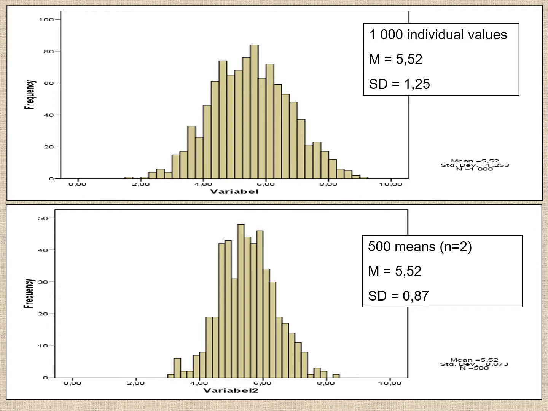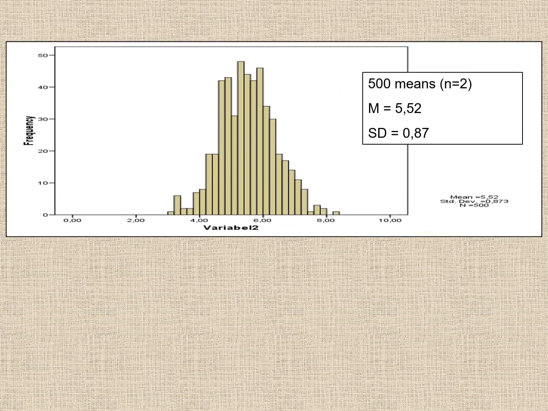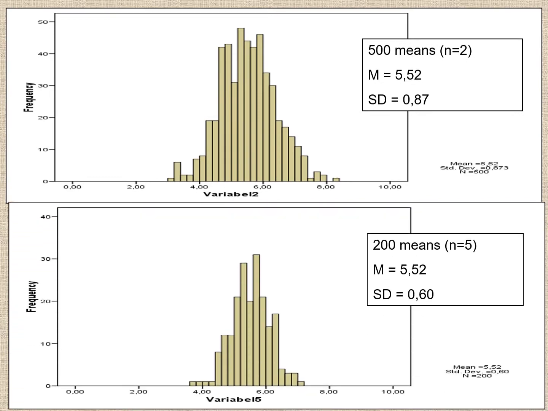And if we continue, instead of making pairs, we divide the 1,000 individuals randomly into small samples of size 5, so 5 persons in each sample, and we do the same thing again. We calculate the sample mean for these 200 samples with 5 persons each. We calculate the mean of those 200 sample means and the standard deviation of those 200 sample means.